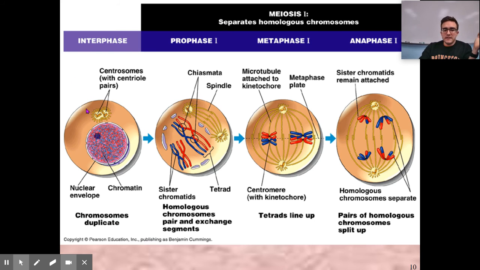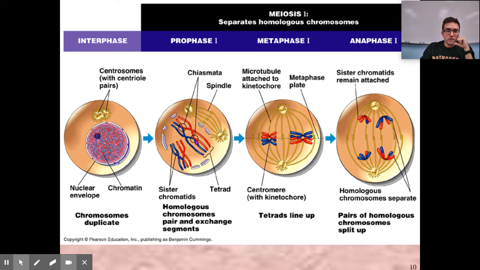Okay. Interphase is still the same as it was with mitosis. With prophase 1, though, this is that tetrad. So this is that homologous pair that I was talking about, right? So the homologous pair line up with each homolog here. And then where they overlap right here, this is the chiasma, okay?